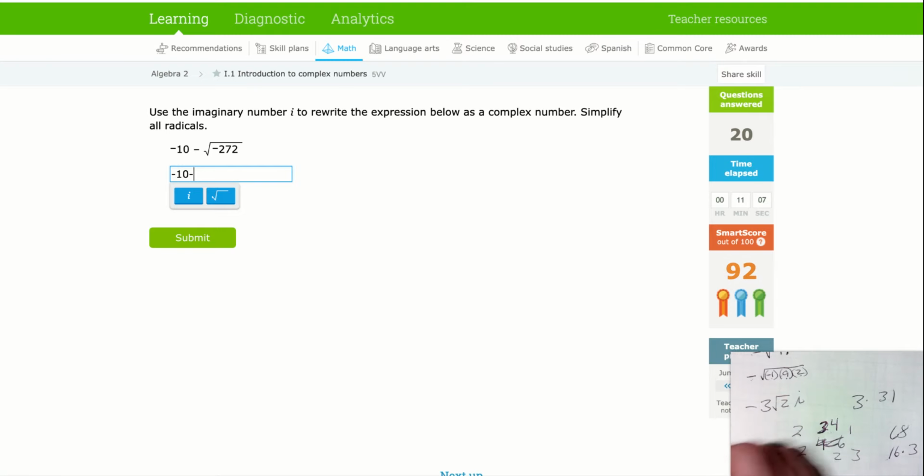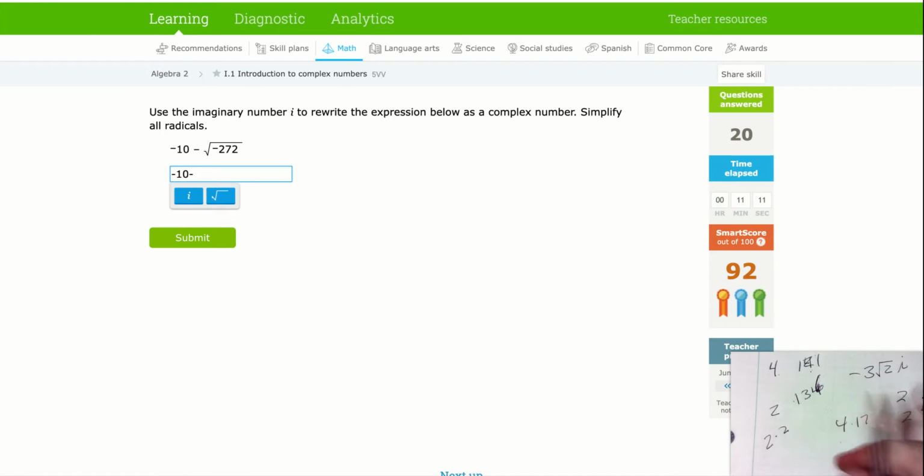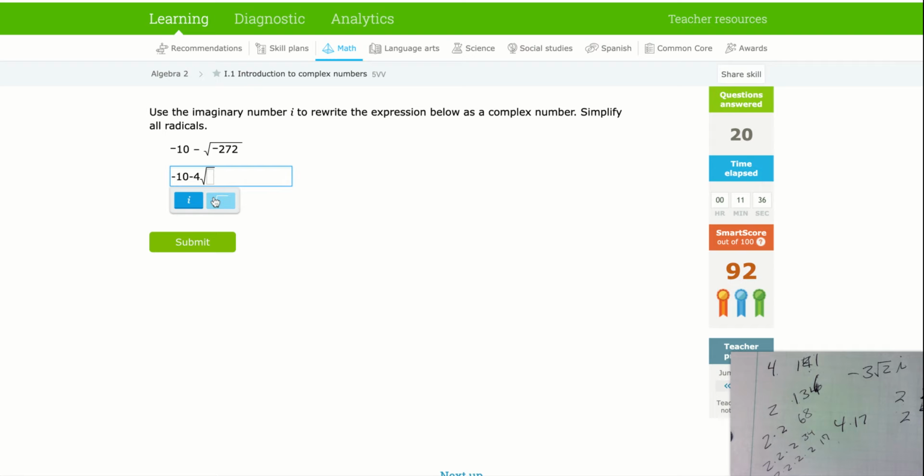Yep, 136, which is also divisible by 2, which is 68, which is also divisible by 2, which is 34, which is also divisible by 2, which is 17 again. So it looks like it's going to have a 4 on the outside. Square root of 17, and then make sure I arrow out from underneath an i.